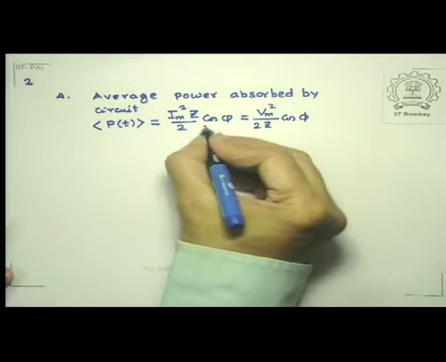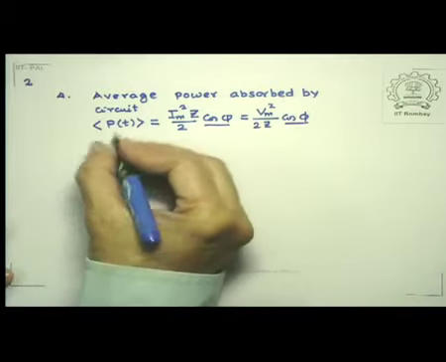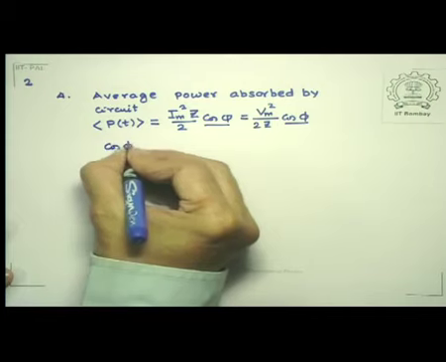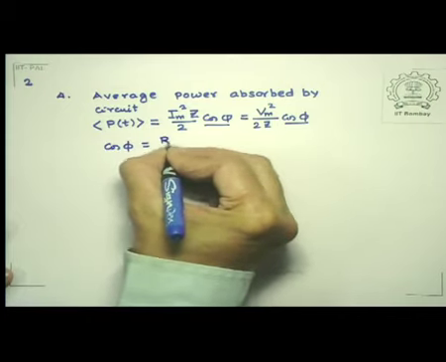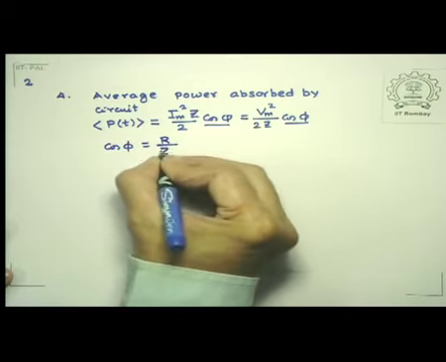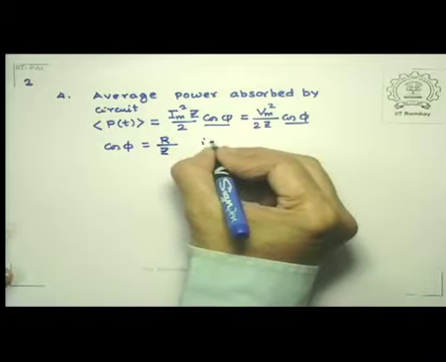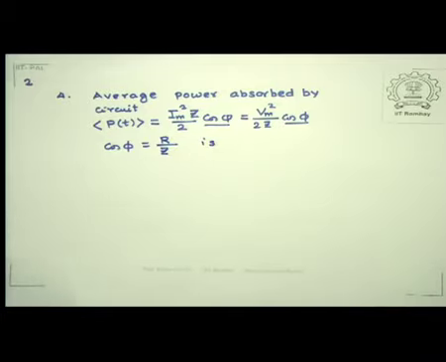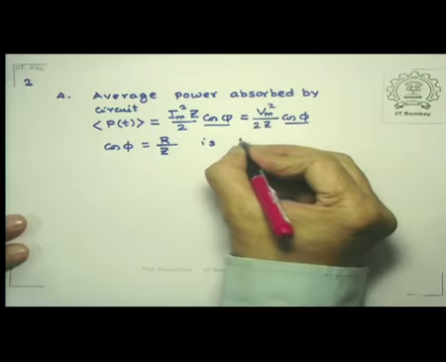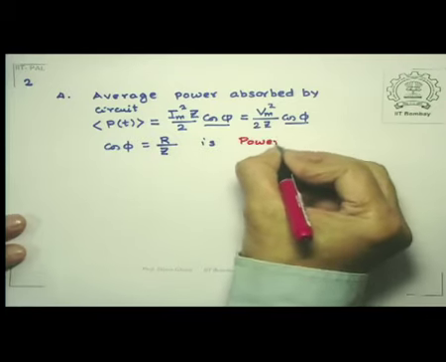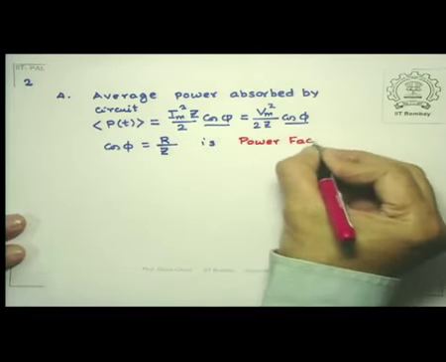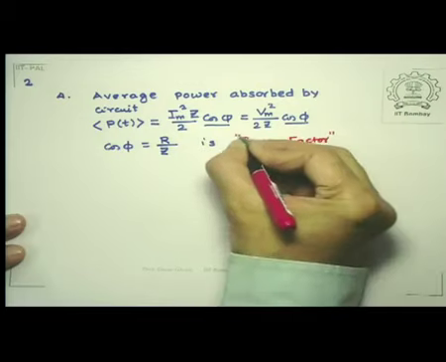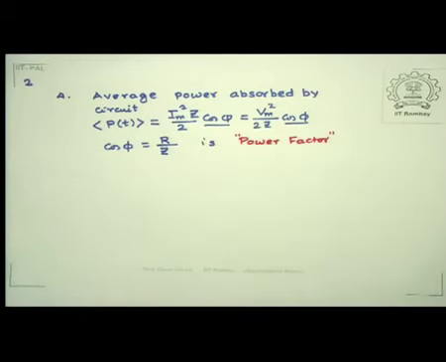This factor, the multiplying factor, cosine of phi, which we had seen is given by R over the impedance Z, this is defined as the power factor of the circuit.